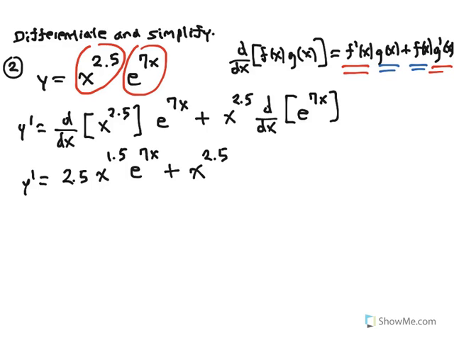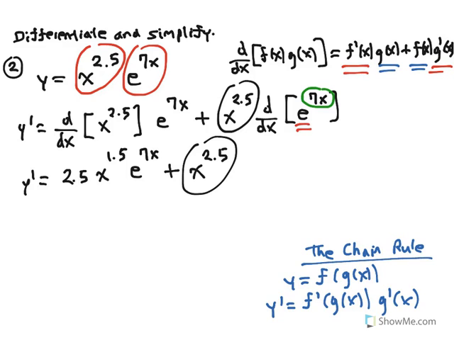Observe here that the second function is a composition of two functions, where the inside function is 7x and the outside function is e to the x. So to find the derivative of the composition of two functions, you have to use the chain rule. So you multiply x to the 2.5 by the derivative of the second function. So you use the chain rule for that.